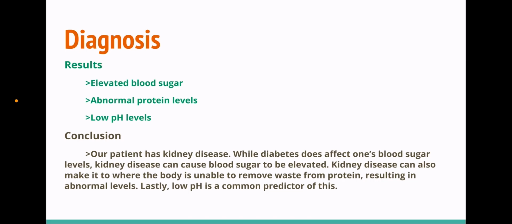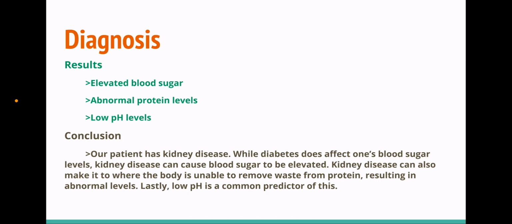Abnormal protein levels is also a symptom because this disease can make it to where the body is unable to remove waste from a protein as it normally would. That means that it could be high or low. And lastly, low pH levels, I also found in my research, is another common factor of kidney disease.